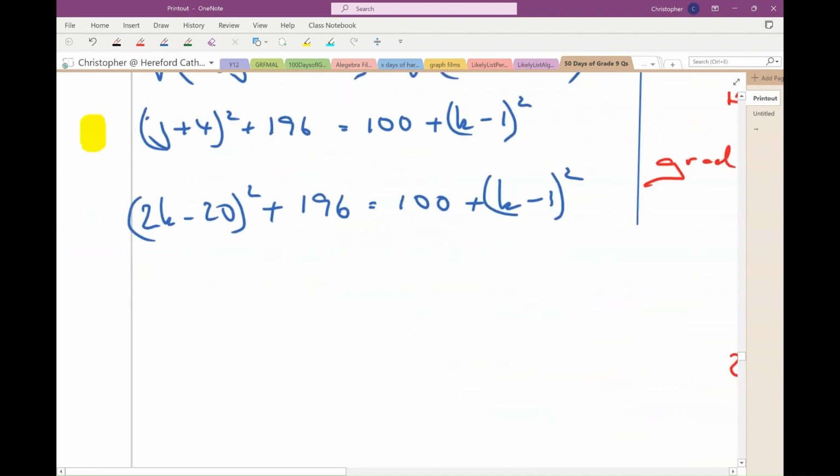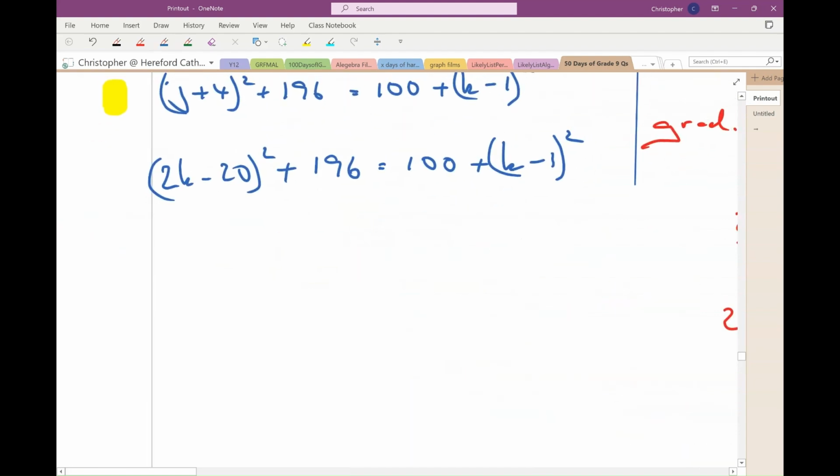And now I've got an equation which has just got k's in it. So let's solve it. Let's expand those two brackets there. So 4k squared, it's going to give me minus 40, which is going to be doubled, minus 80k plus 400 plus 196 equals 100 plus, let's have a think, k squared minus 2k plus 1.